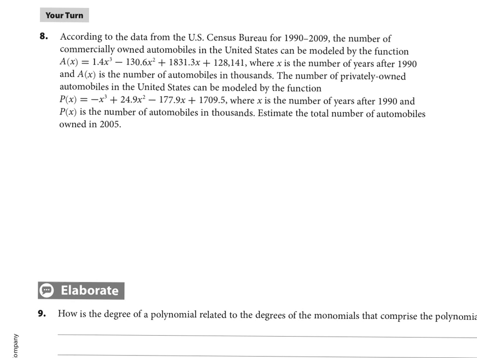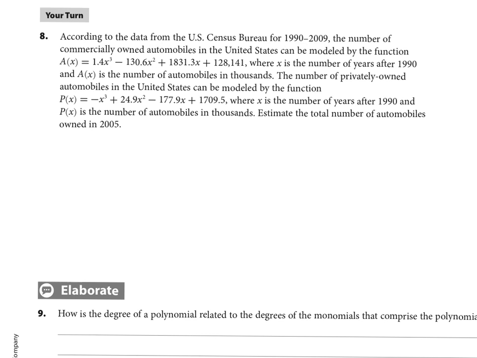Okay, so I'm going to pause and give you a second to read all of this. Okay, so a few things we need to do.